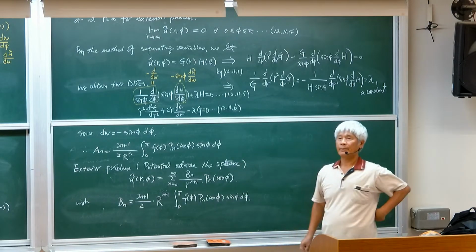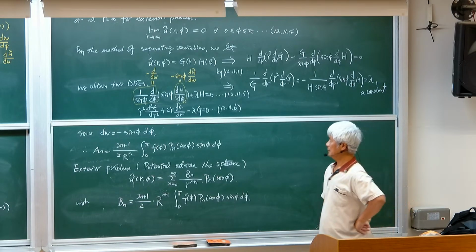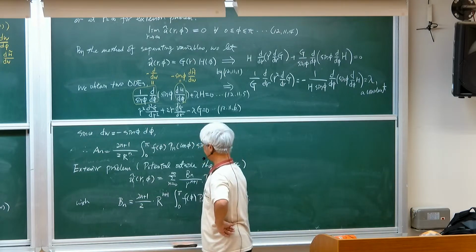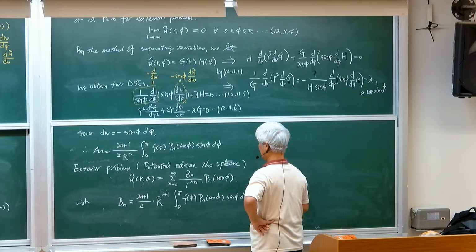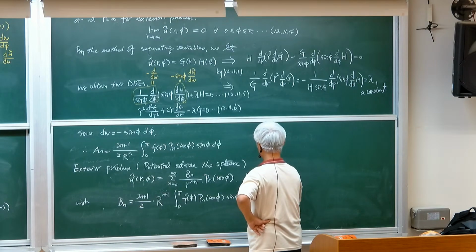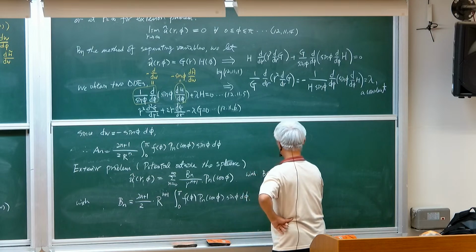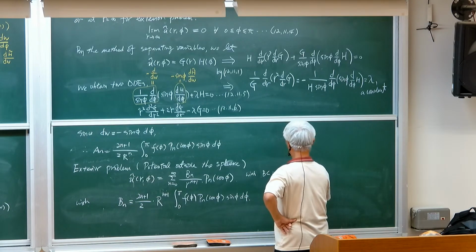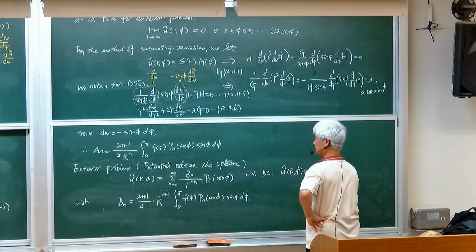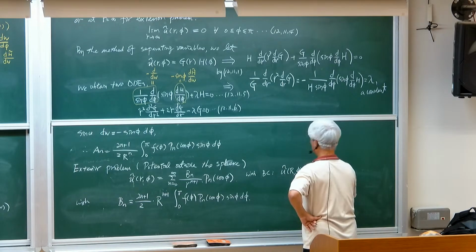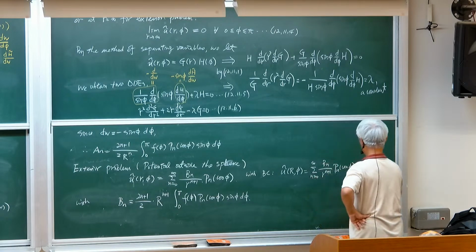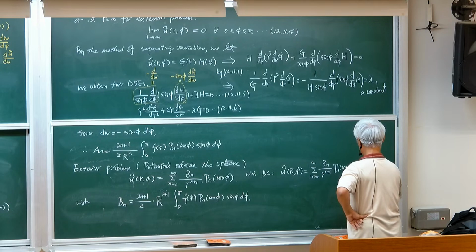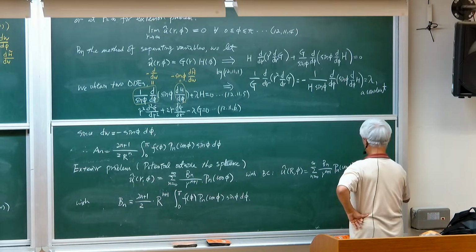Okay. And maybe with boundary condition that u tilde of R and phi equal to f of phi there.